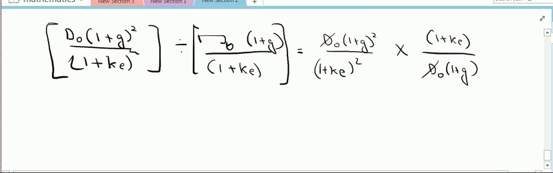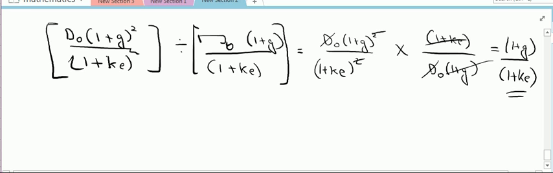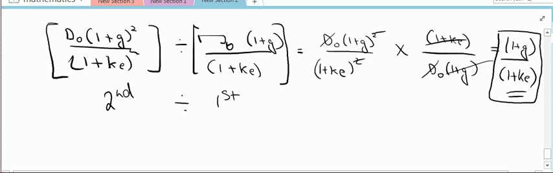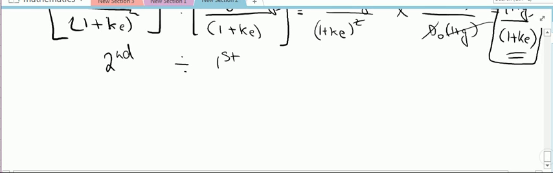The d0 cancels out, 1 plus g cancels with this square, and this square cancels with this. So our value of r is 1 plus g divided by 1 plus ke. What we did is divide the second term by the first term, and it gives us an r of 1 plus g divided by 1 plus ke. If the third term divided by the second term gives the same result, the progression is a geometric progression.